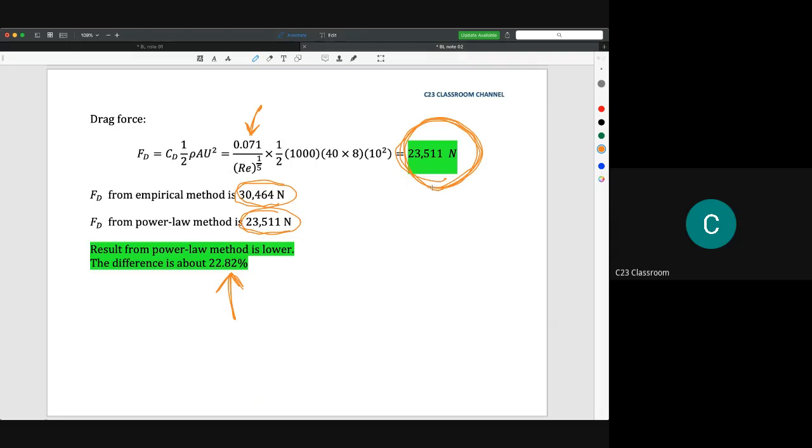However, in this question, I simplified everything because I tried to show the difference between the empirical and power law. But in reality, you need to calculate the empirical by using the numerical way.